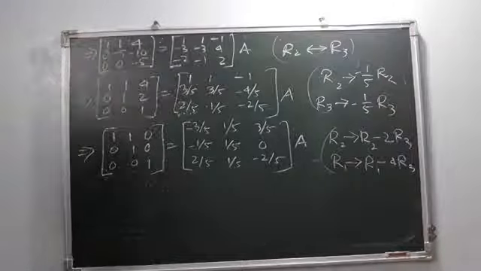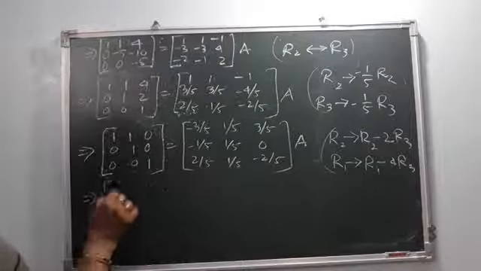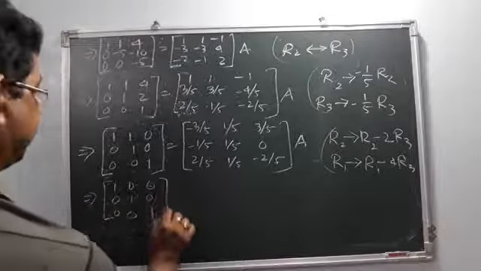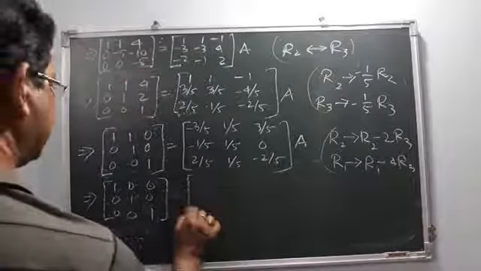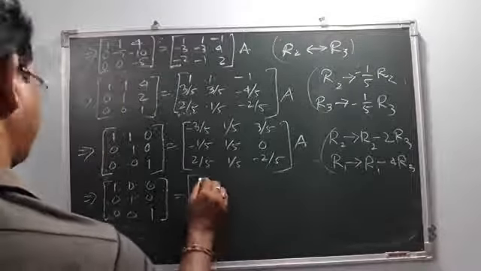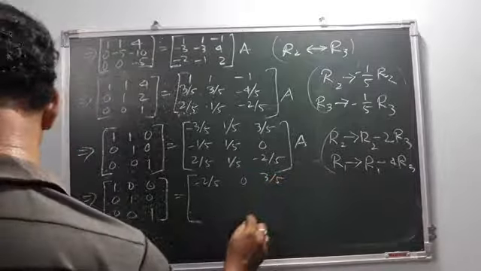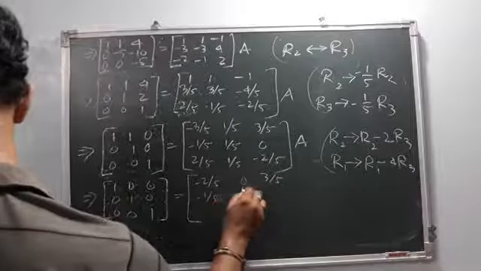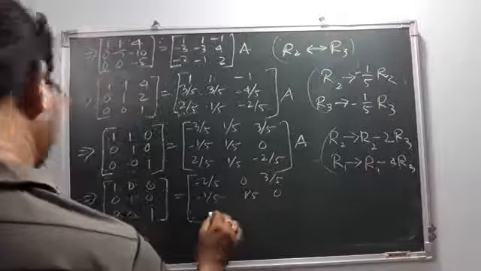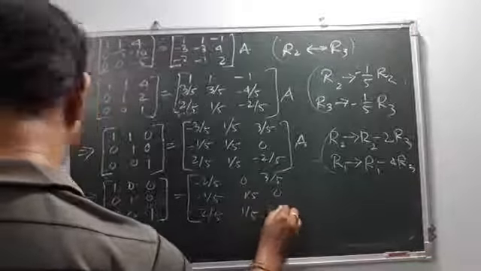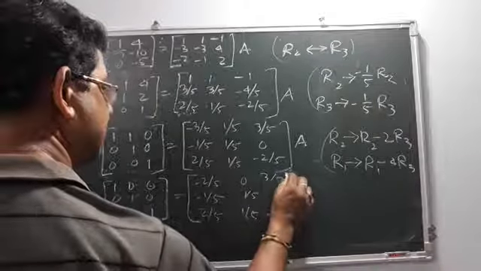For that we can get, and finally we achieve this: 1 0 0, 0 1 0, 0 0 1, and this will be -2/5, 0, 3/5, then -1/5, 1/5, 0, 2/5, 1/5, -2/5.